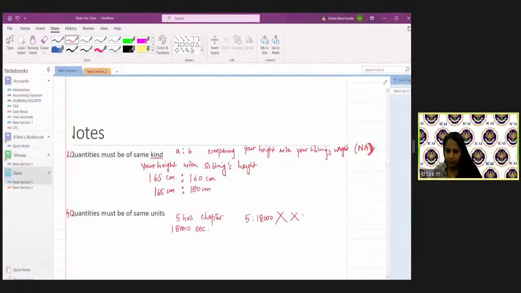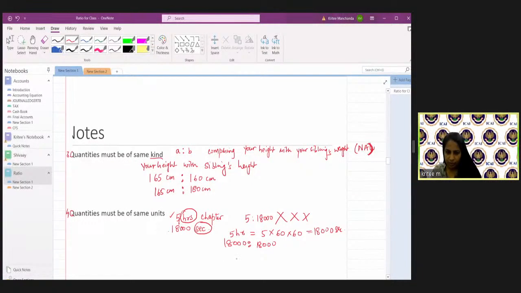Oh, no, absolutely wrong. The units, that is hours or seconds, must be the same. So either you convert this into seconds or you convert this into hours. 5 hours can be expressed as 5 into 60 minutes into 60 seconds, which is 18,000 seconds. So I said, oh my God, I have studied equally. If you have studied for 18,000 seconds, so have I.